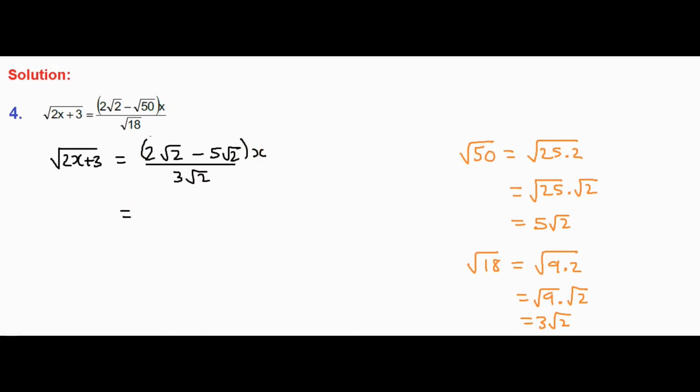So simplifying the term on the right-hand side further, 2 root 2 minus 5 root 2 is minus 3 root 2. And these factors will cancel, and we're left with negative x. So we have the square root of 2x plus 3 equals negative x.